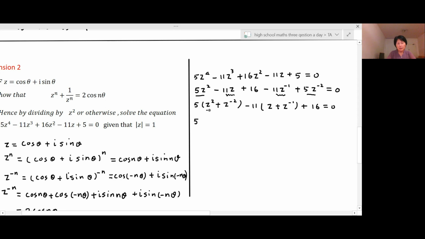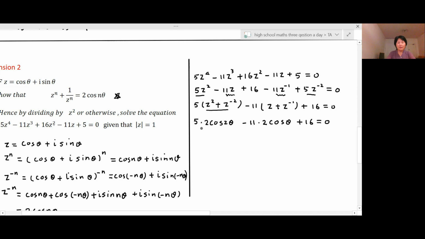Then for this part, I will be equal to 2 cosine 2 theta. So minus this 11, okay, this is z plus z to the power minus 1. Z plus z to the power minus 1 will be equal to 2 cosine theta. And plus 16, then equal to 0.